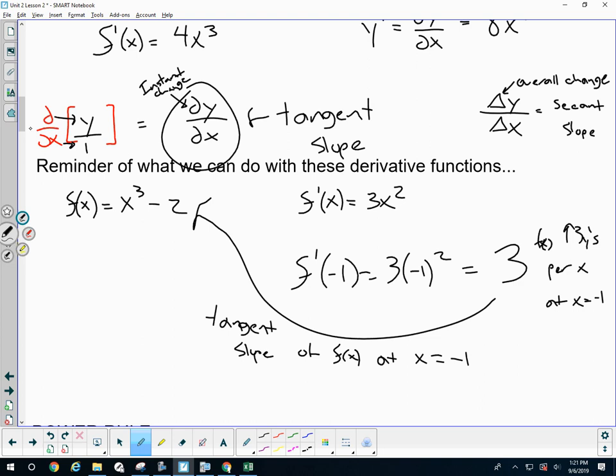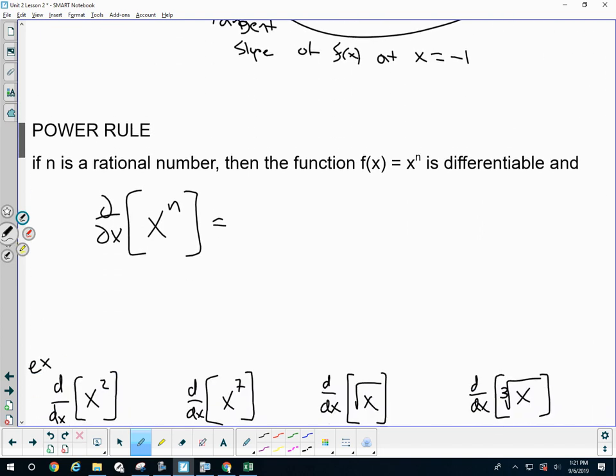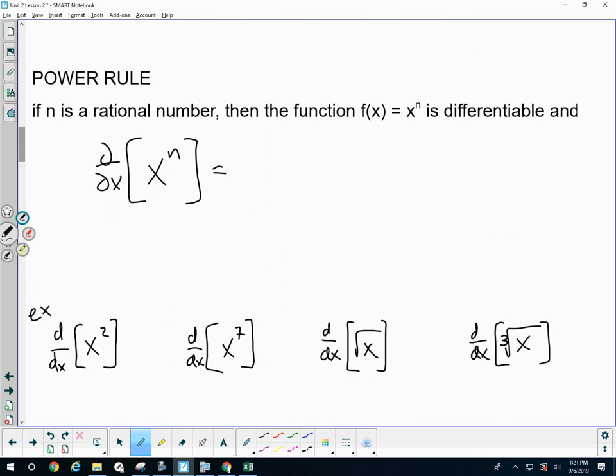Okay? So let's learn our first rule that will help us find tangent slope generators for polynomial functions, an x to a power. Well, we immediately saw that we have to subtract 1 from the power. But it's a little more than that. The proof of why we need this little extra bit can be shown if you just look up the proof of the power rule.